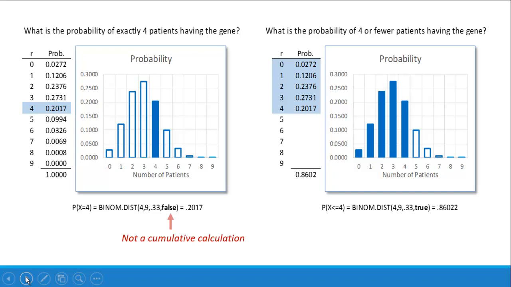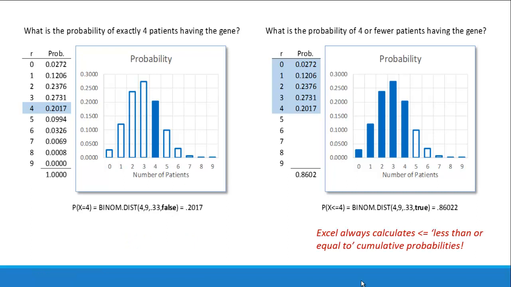However, if we want to calculate the probability of 4 or fewer patients having the gene, you can see that it's equal to the sum of the probability of 0 patients, 1 patient, 2 patients, up to 4 patients having this gene sequence. Now we are accumulating probabilities, so the cumulative function is true.